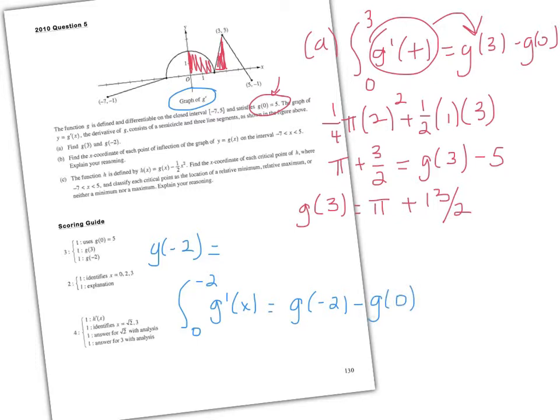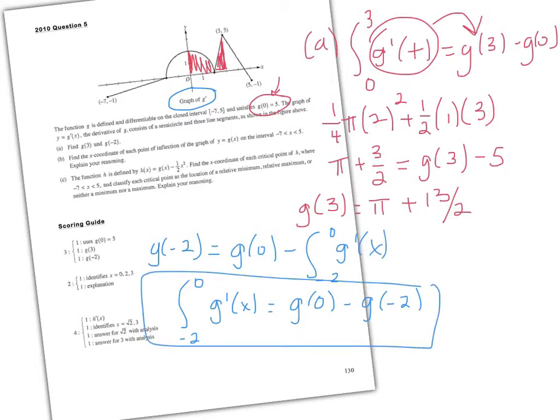So if I wanted g of -2, do you see you just take the integral from -2 to 0, after I just said that we wouldn't write it like that? You could write it that way, I guess. It's just kind of weird. So -2 to 0 would be g of 0 minus g of -2. All right, so g of -2 then would be g of 0, and then you'd subtract out the integral from -2 to 0. Do you guys see what I'm doing? So you could just find this part first if you want.